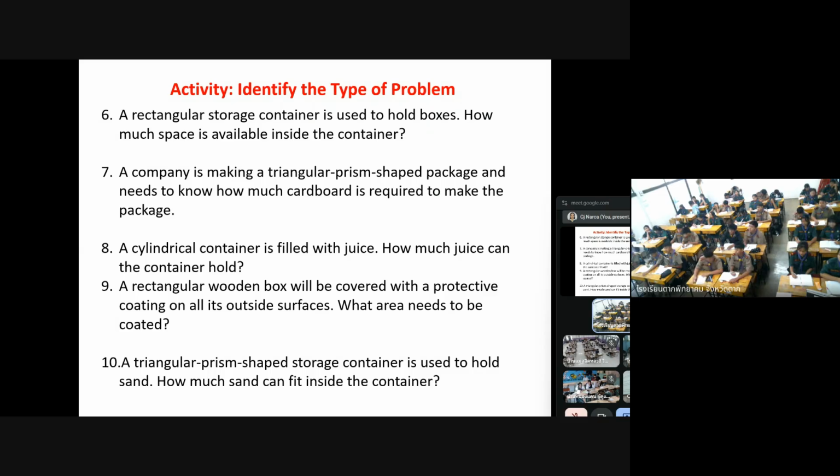Recognize, identify if it is volume or surface area, and then what is the keyword? Five minutes.